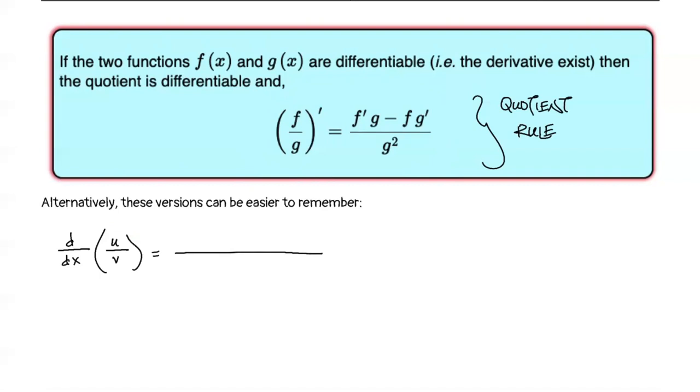Yeah, so we're going to take our v, which is in the same place as g, and we're going to say v squared. Excellent, excellent. Okay, so it's going to be v squared because in this case, our denominator is v. Okay. What about in the numerator?